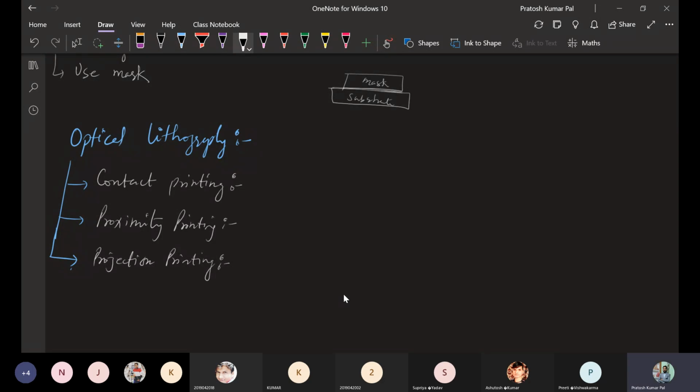And the UV light will be exposed on the mask. The opaque portion will not pass the light, and the transparent portion will pass light. So there will be no gap between the mask and the substrate or semiconductor layer. That is considered contact printing.